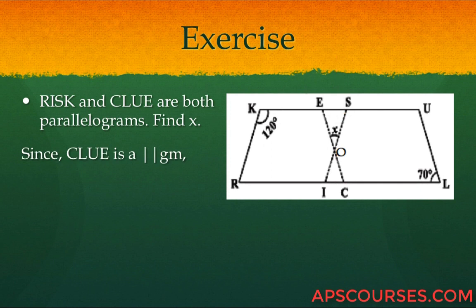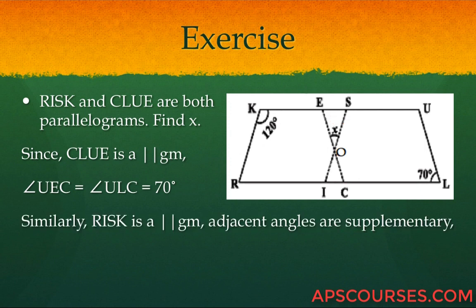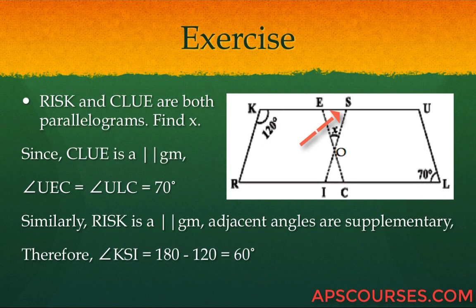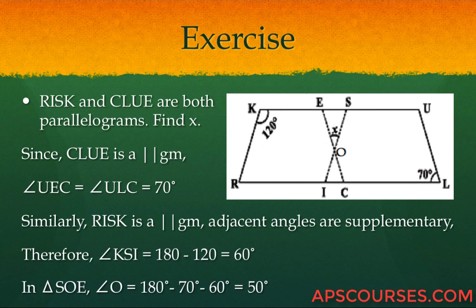Since CLUE is a parallelogram, angle UEC is equal to 70 degrees because it is opposite to angle ULC. Similarly, since RISK is a parallelogram and the adjacent angles are supplementary, therefore angle KSI is equal to 60 degrees, and therefore in triangle SOE, angle O is equal to 50 degrees.